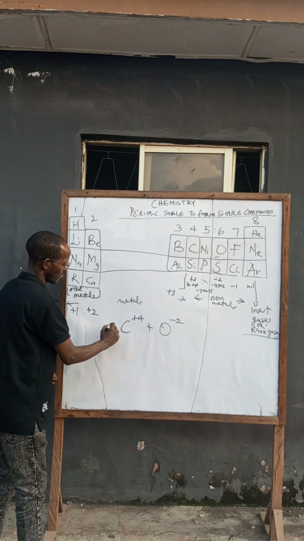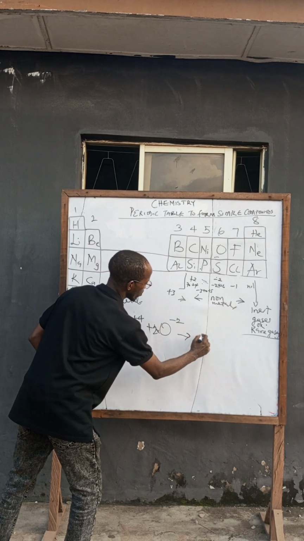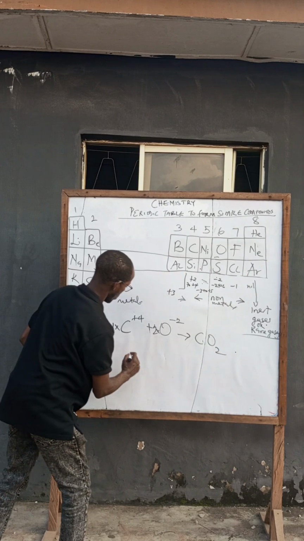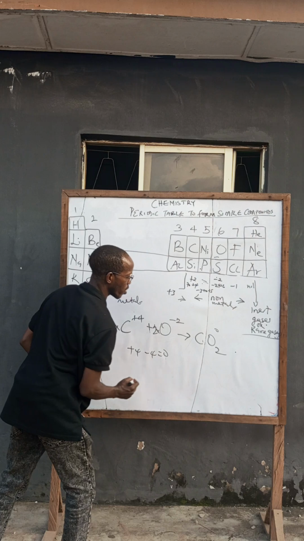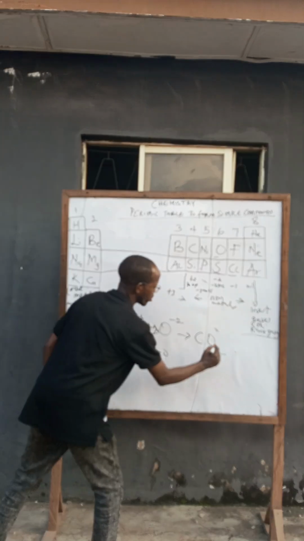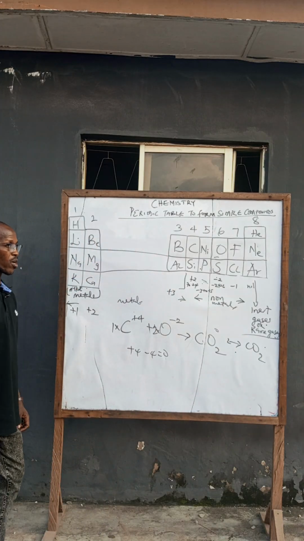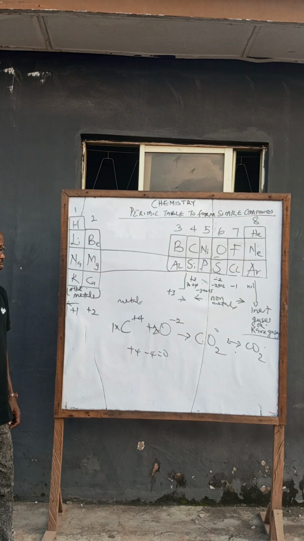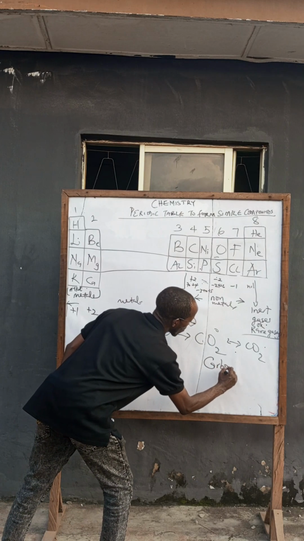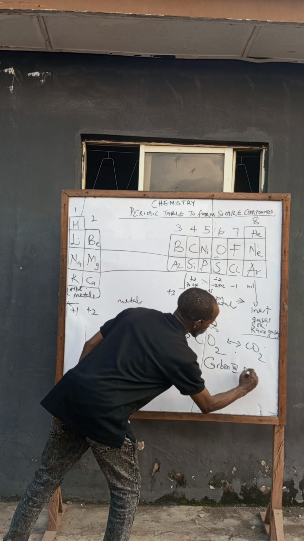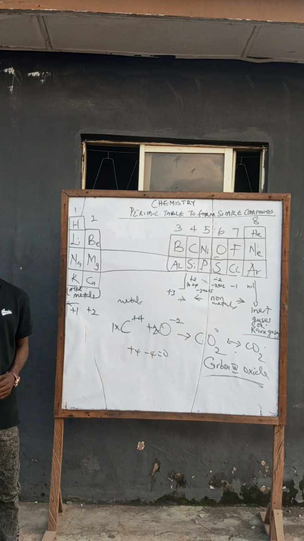Still go back. 1 times this, 2 times this. What do you have? CO2. +4 and -4 gives 0. We don't normally write the 0; we leave it like this. So because of that, what do you call this? Carbon 4 oxide. Carbon 4 oxide. Thank you for your time.